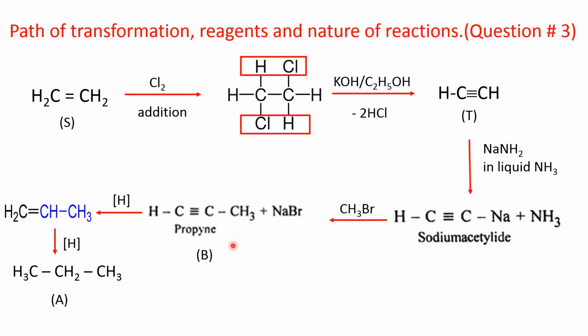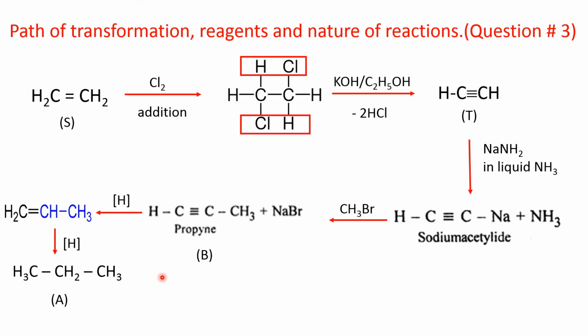Okay, propyne. Now, in propyne there is a triple bond, that means 1 sigma bond, 2 pi bonds, which on hydrogenation, that is reduction, first will form propene, the double bonded compound. Once again on reduction, it will form propane, that is our compound A, which is the saturated hydrocarbon.